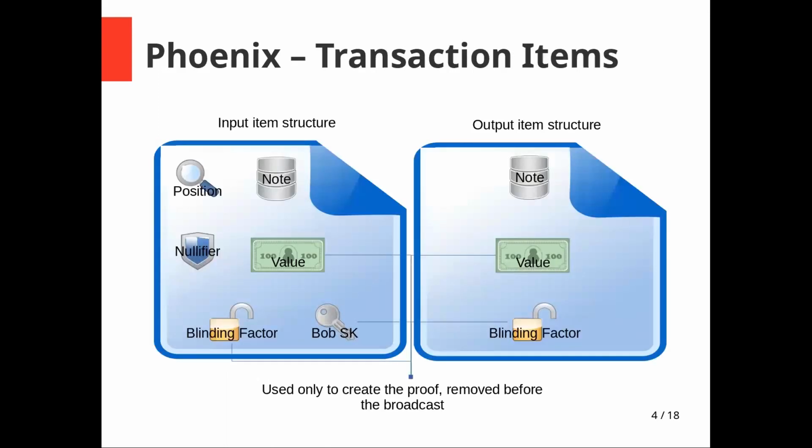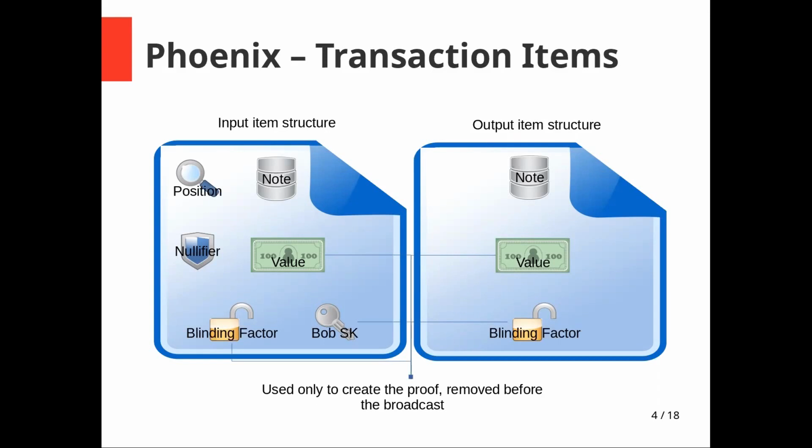So every transaction item will contain the position of the node on the Merkle tree, the node itself as it will be stored on the public database, the nullifier for that node, the value, and the blinding factor. For the input, Bob will provide the secret key for that particular node.